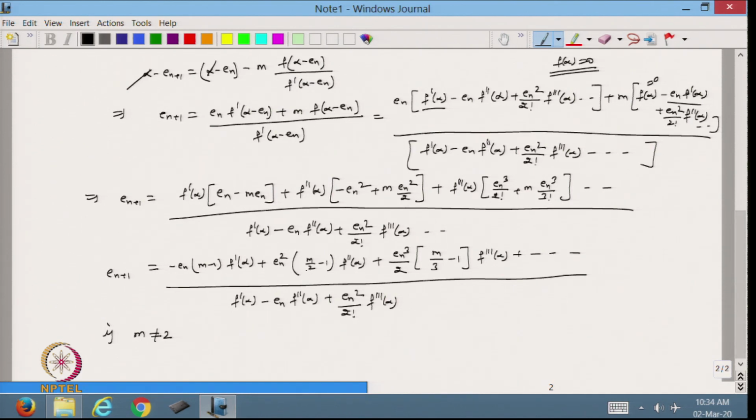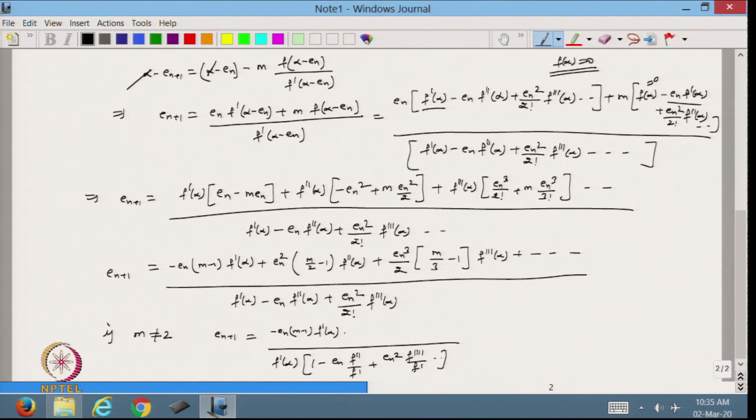So, if m is not equal to 2, then from here I can write E n plus 1 will become. So, f dash alpha I can take common from here. So, m is not equal to 2, so it will be minus E n m minus 1 f dash alpha, and from here also I can take this f dash alpha common, and then inside it will get f double dash by f dash plus E n square f triple dash by f dash and so on.